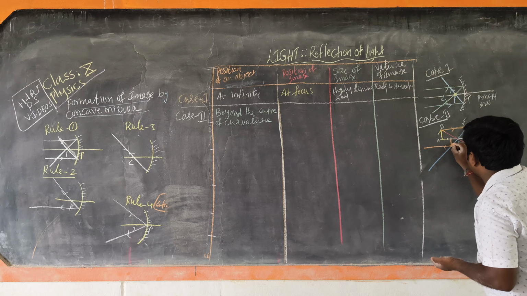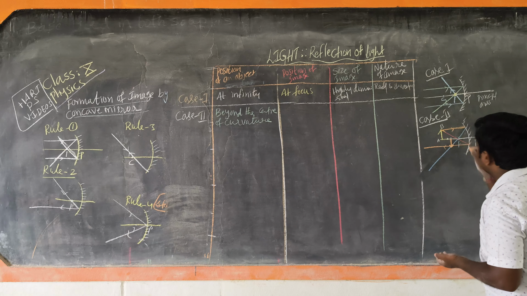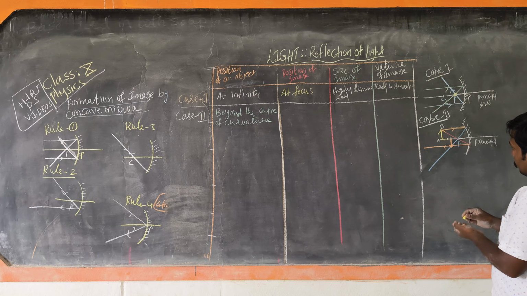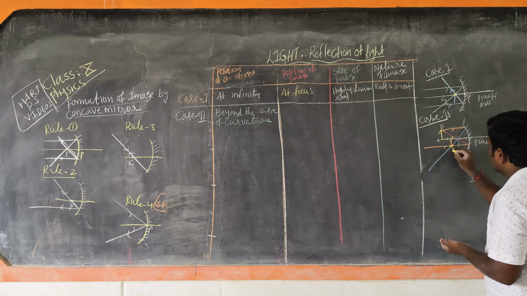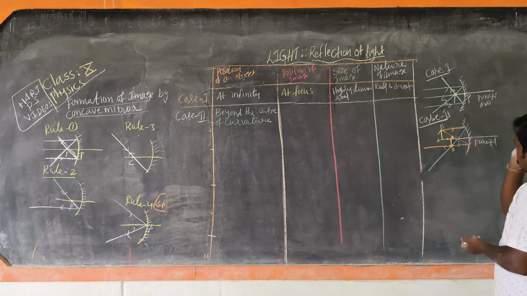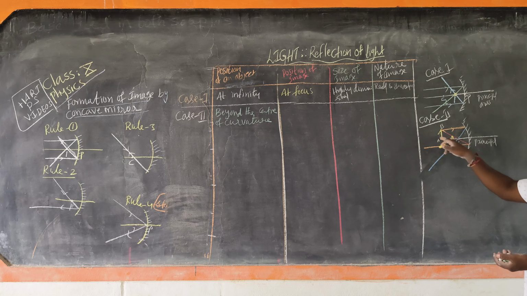A'B'. See the size, same size or different size? Different size, formed vertically down. So where is it formed? Between C and F, the image is formed.